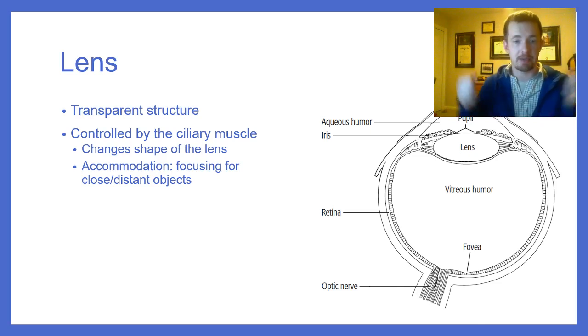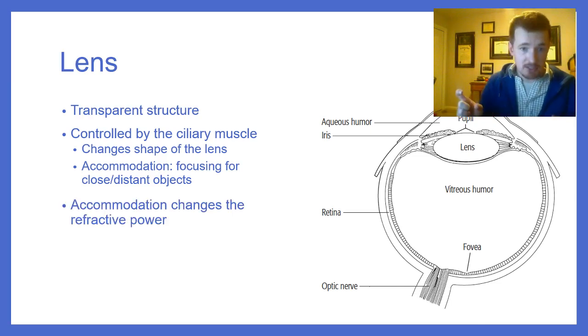That is changed by the ciliary muscles, which are either pushing that lens to get a little bit fatter or pulling it to be a little bit thinner. And so that's a process called accommodation. Accommodation is a word you're going to see a lot this semester. It means a lot of different things. In this case, what we're talking about with accommodation is changing the shape of the lens to adjust how close or how far we are focusing.